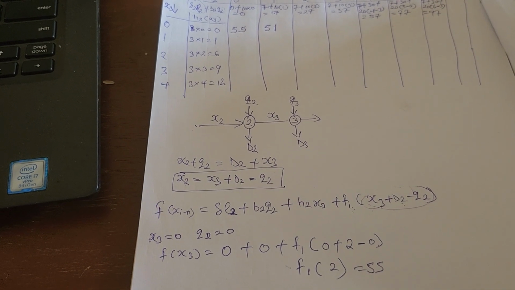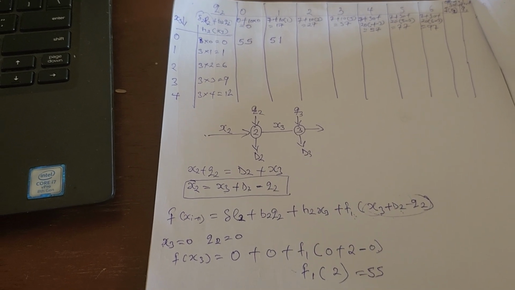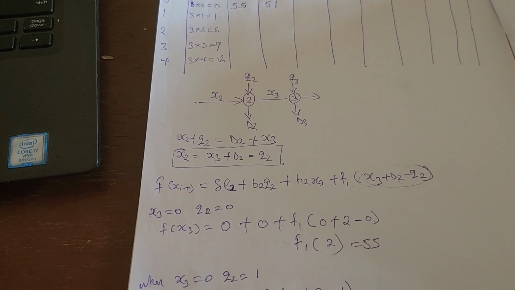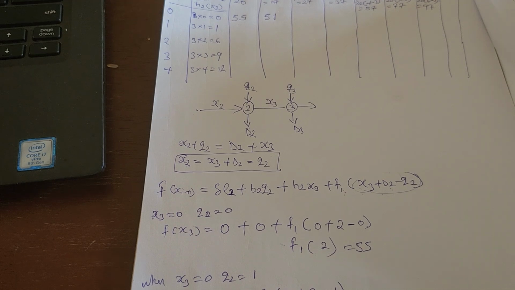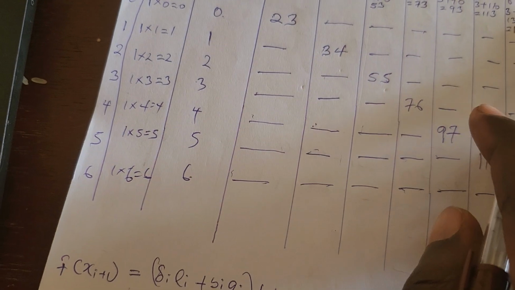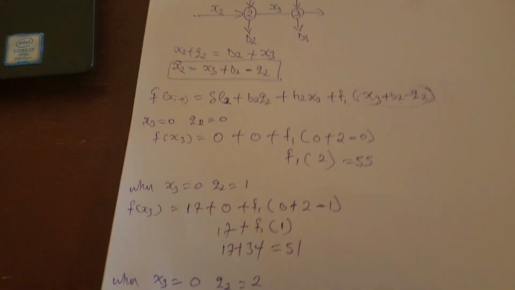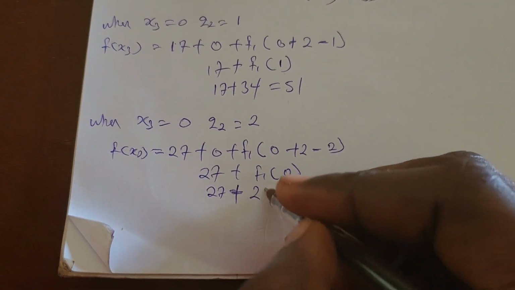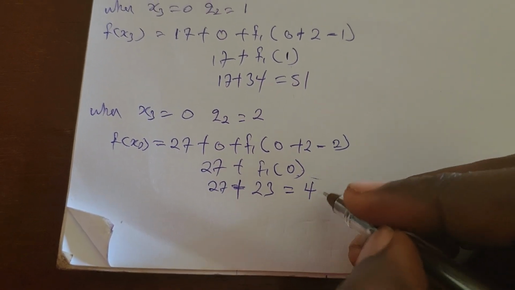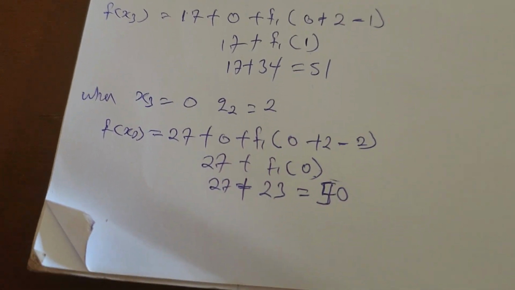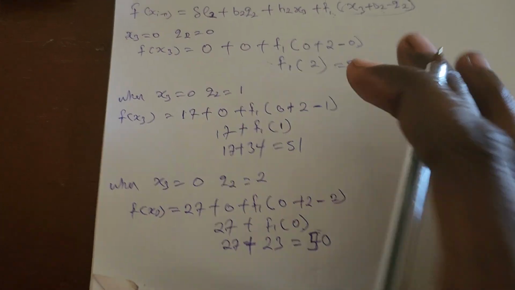So when S2 is equal to 0, this 27 plus, when S2 is equal to 0, f of X2 is 23 at that point. So it's 23. That's 50. So on to the next.